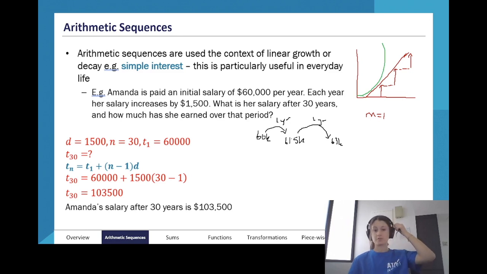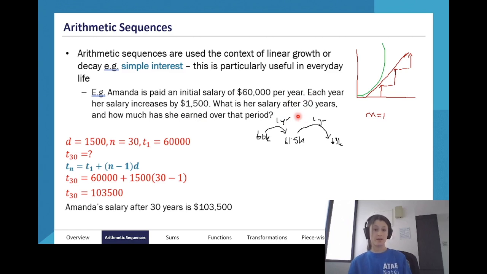That's the starting value. Then of course her difference is going to be 1,500. And then because the difference occurs once every year, her salary increases by $1,500 every year. The N is also going to be in years, so her salary after 30 years.